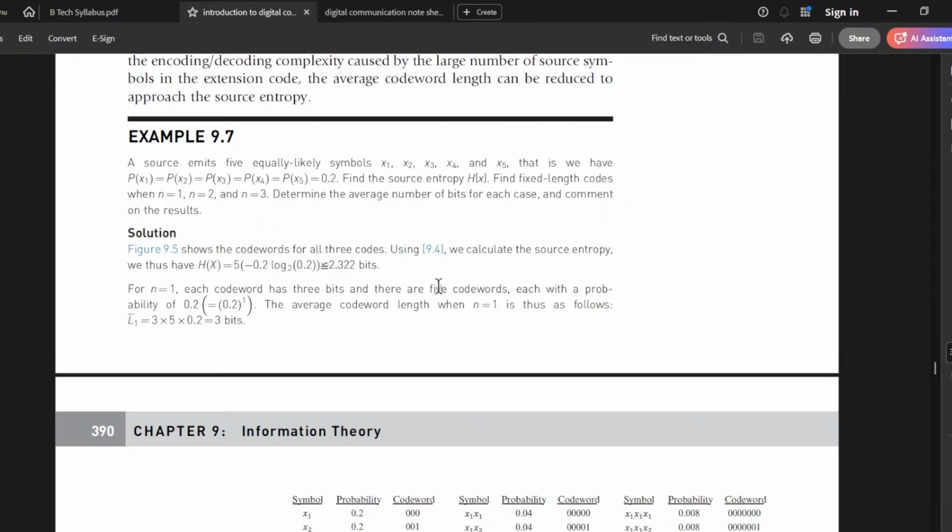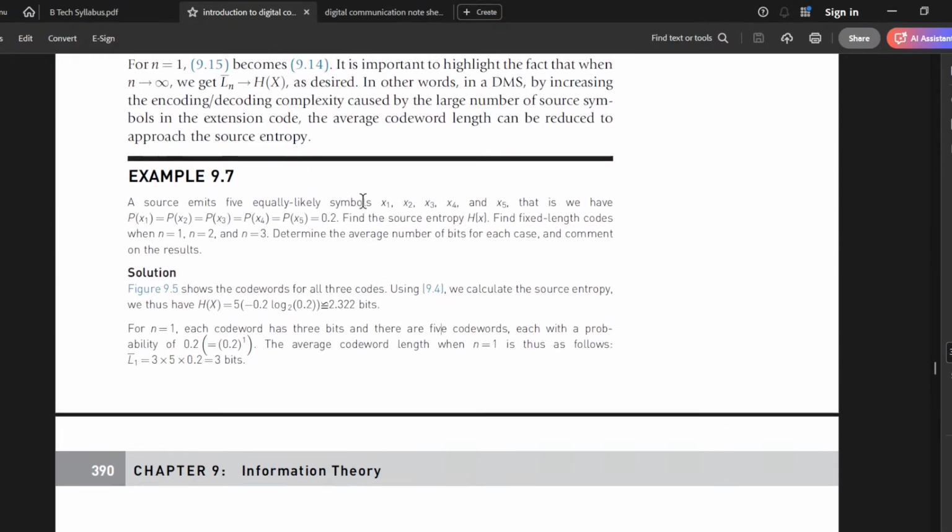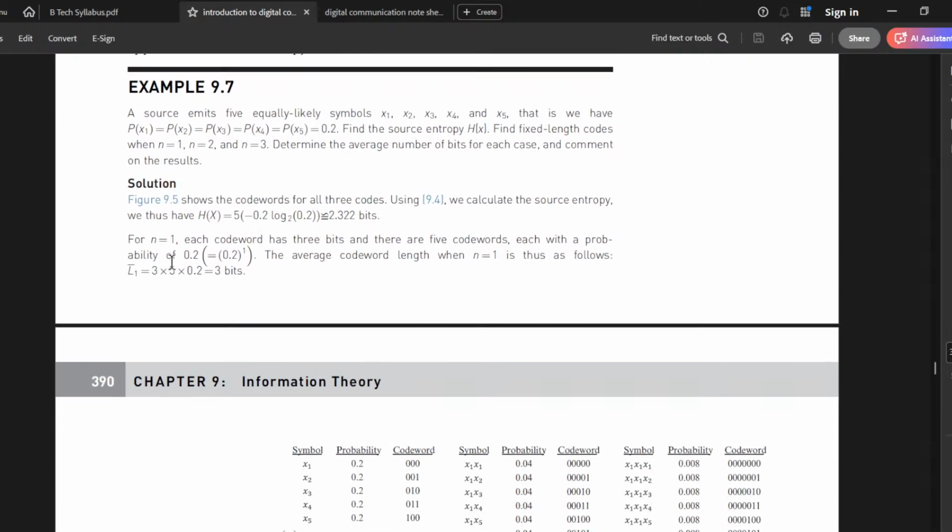For n equals 1, very few code words, 5 code words. With n equals 2, 5 to the power of 2, 25 code words. And n equals 3, 125 code words.